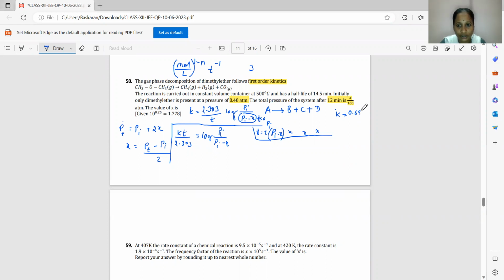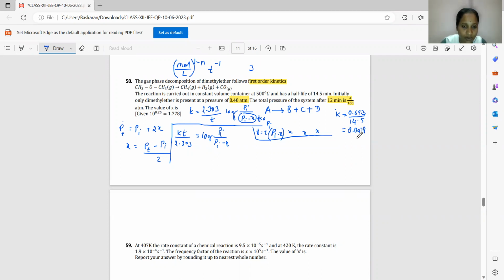So here, 0.693 divided by t half, they have given that as 14.5. So this value comes out to be 0.0478.